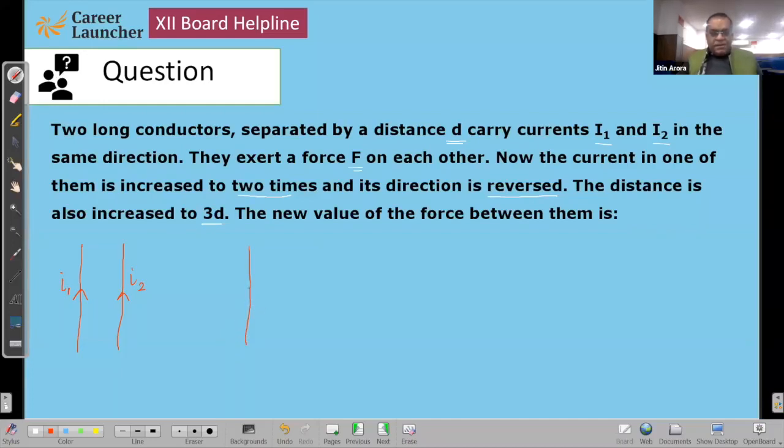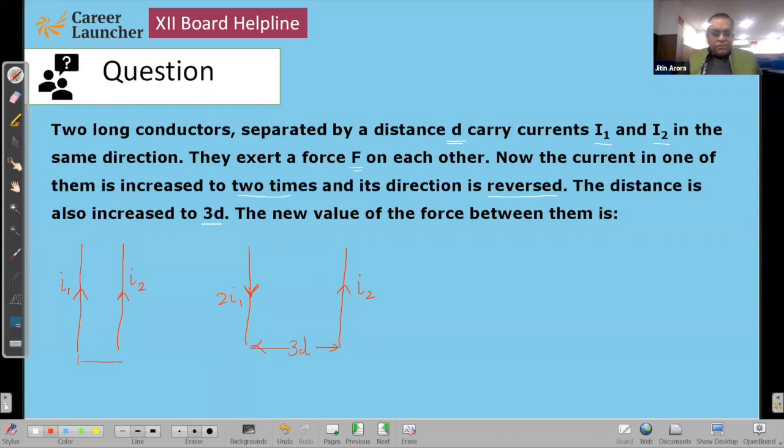So let's say, पहले वाले वायर में जिसमें करंट I1 था उसे 2I1 कर दिया और डायरेक्शन भी ऑपोजिट कर दिया. So this becomes 2I1. The other current remains I2 only. And the separation is increased to 3 times small d.